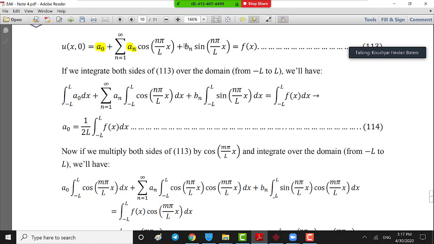And in order to determine bn, we have to multiply both sides of this equation by sine of n pi over L x, and then integrate. And you have to pay attention that in Van de Heat equation type 5, the domain for x is from minus L to L, right? You have to be careful about that when you're doing the integration.